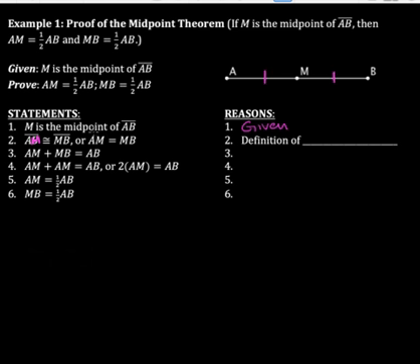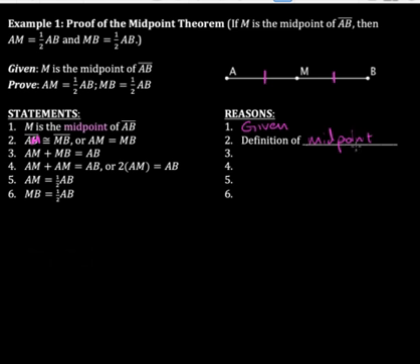Well, I know that because I know the definition of this word right here. I know what a midpoint is. A midpoint of a segment is the point that divides the segment into two congruent segments. So the definition of a midpoint literally tells us that the point is dividing this segment into two congruent segments.